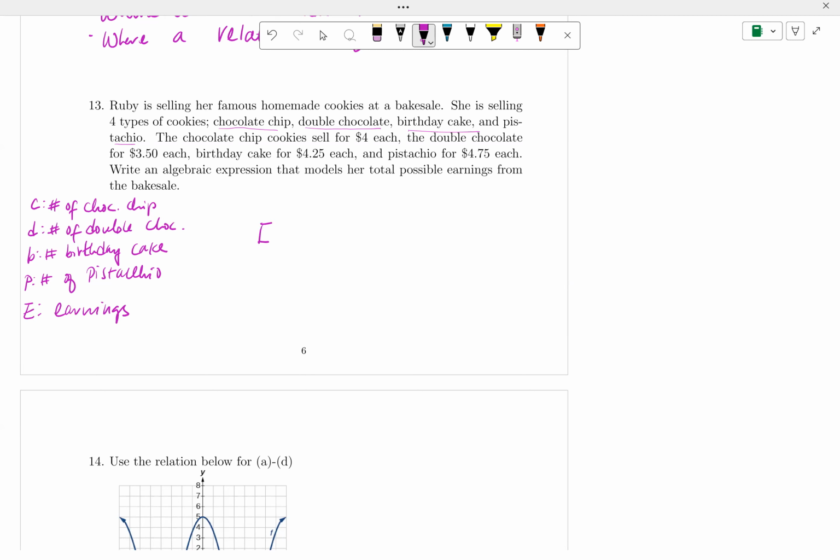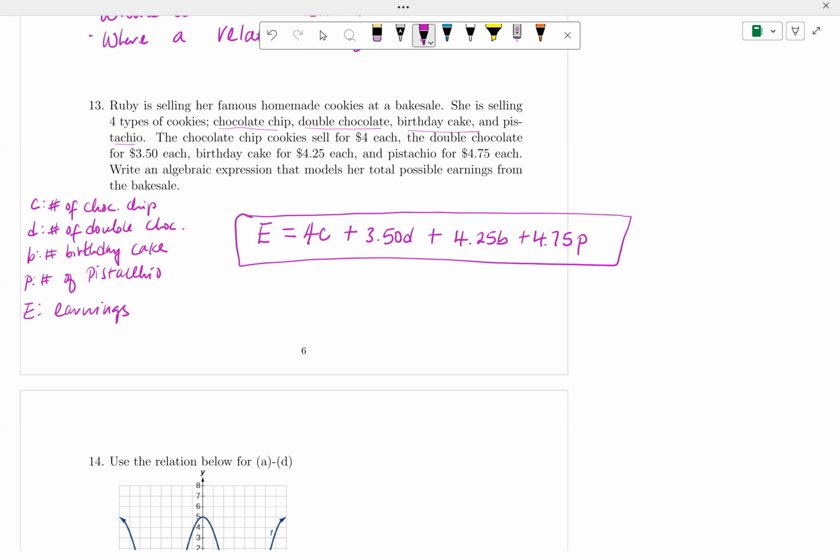To calculate the earnings, you're selling each chocolate chip cookie for $4, so $4 per chocolate chip cookie, plus $3.50 for a double chocolate cookie, and then $4.25 per birthday cake cookie, and $4.75 per pistachio. This would give you the total earnings.